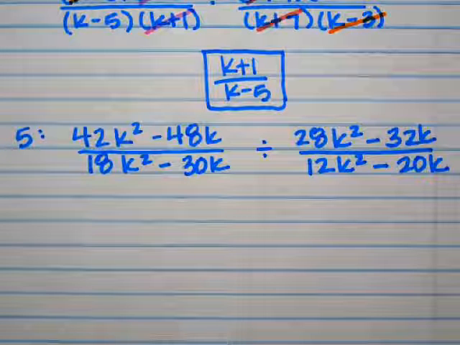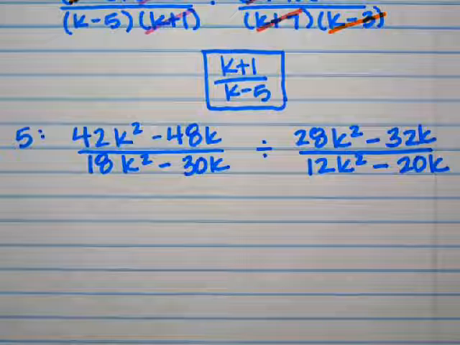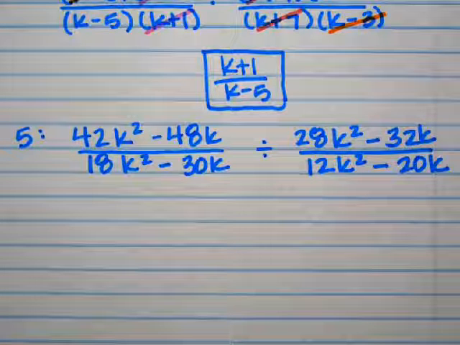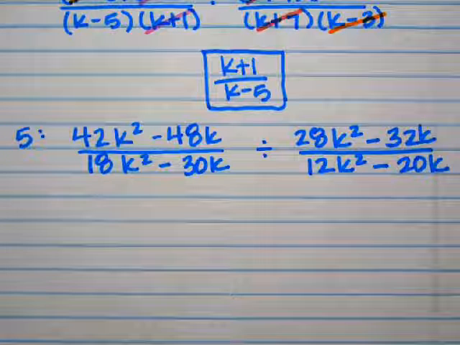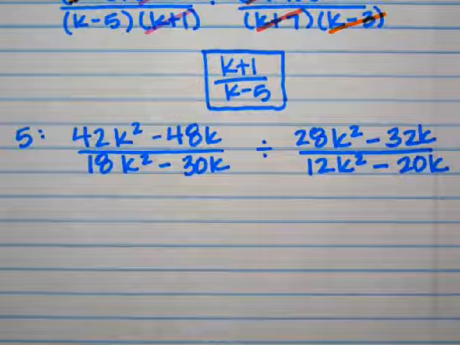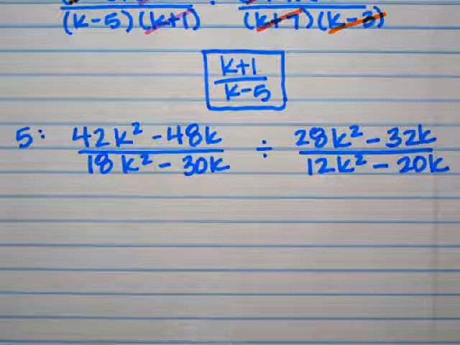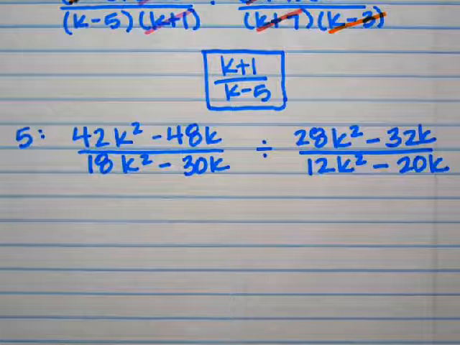So example 5, it's a division problem. Now, when I do my division problems, I do not like to factor first thing. The very first thing I like to do is keep, change, flip.